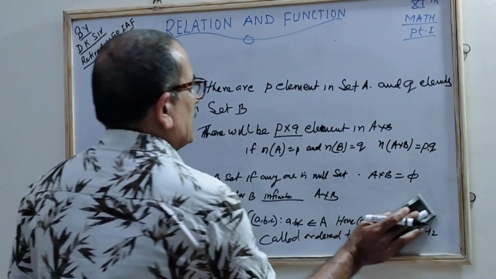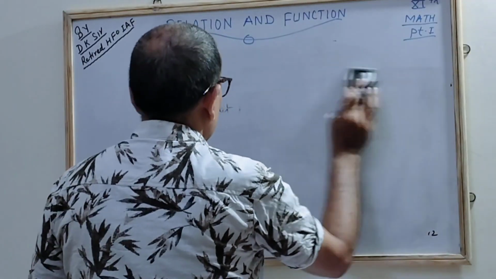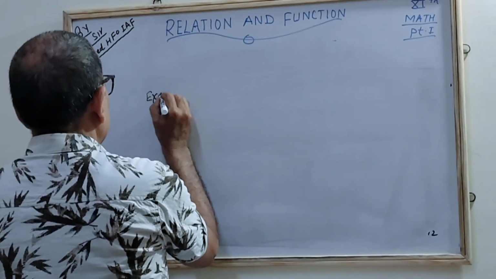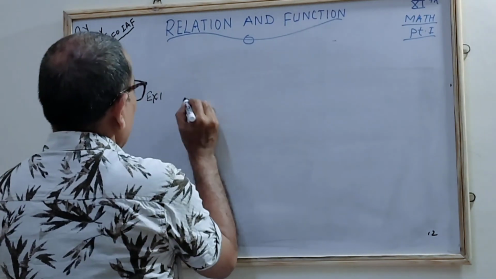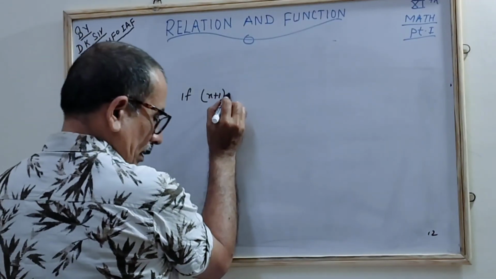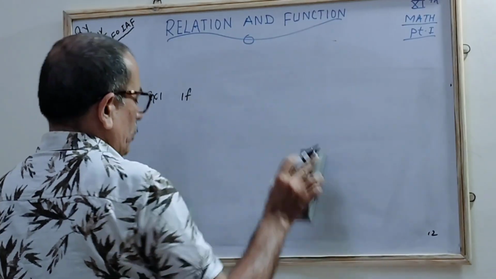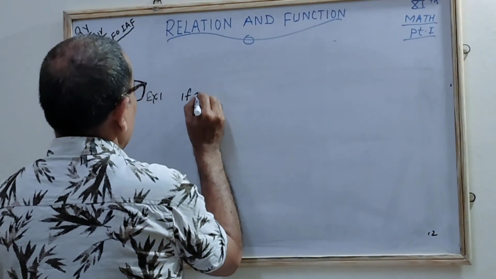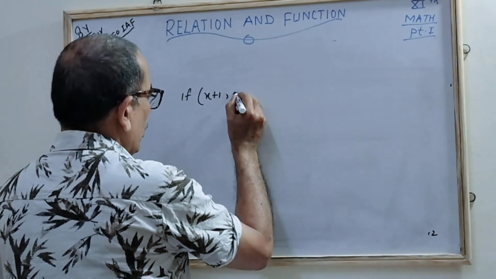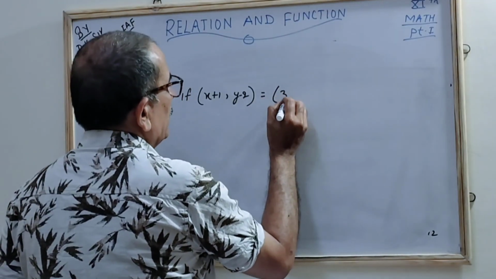One or two examples we can also see. Take example number 1 from your textbook: if (x + 1, y - 2) is equal to (3, 1).